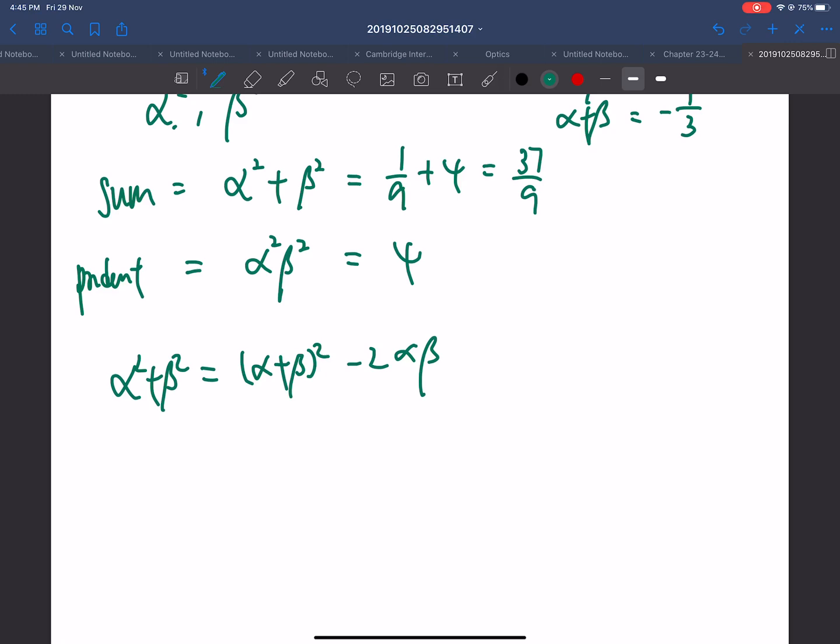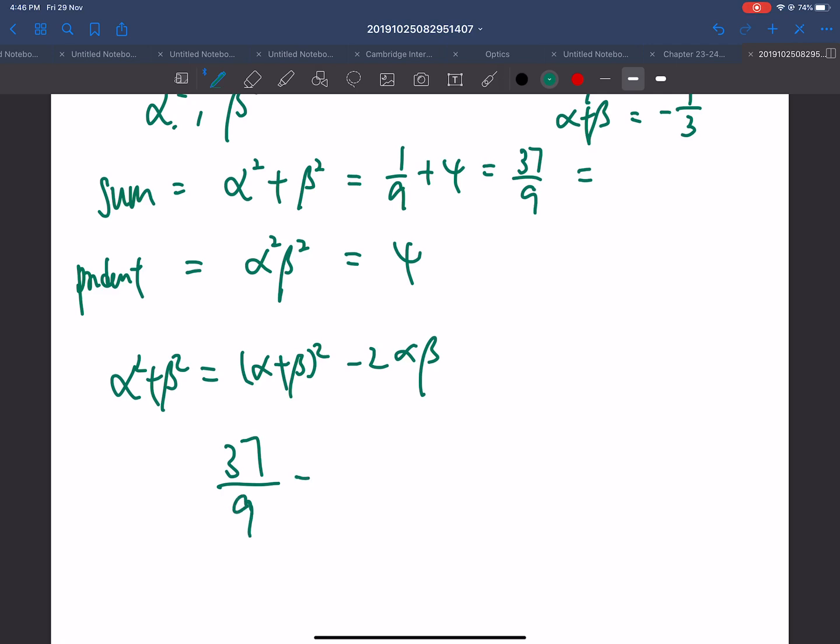After you have found the sum of the roots and the product of the new roots, how can you find the new quadratic equation? So you look at here, the sum of the new roots is 37 over 9.